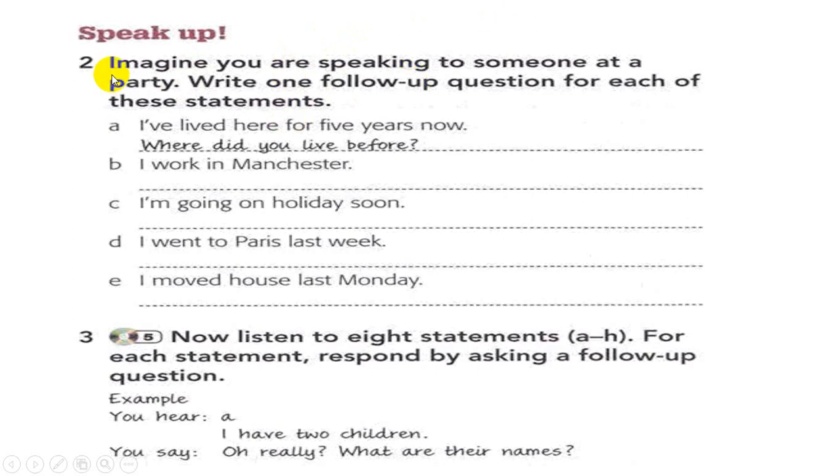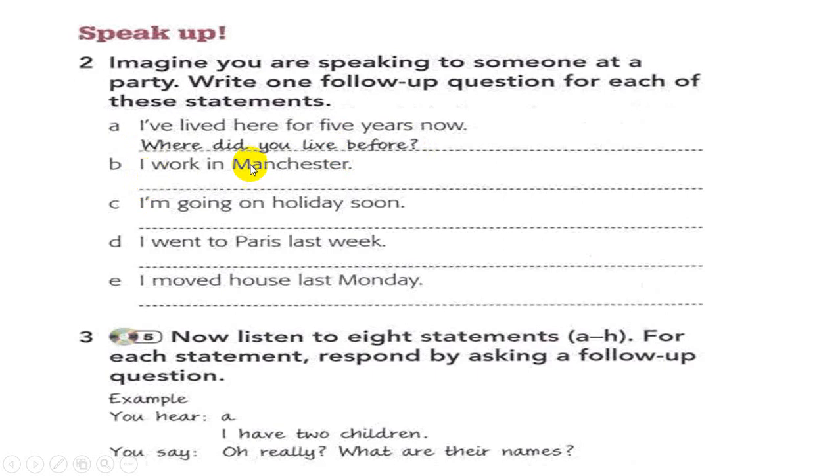So, for each of these statements, imagine this person is talking with you, so what question could you ask to keep the conversation going smoothly? A is solved. I've lived here for 5 years now. Where did you live before?